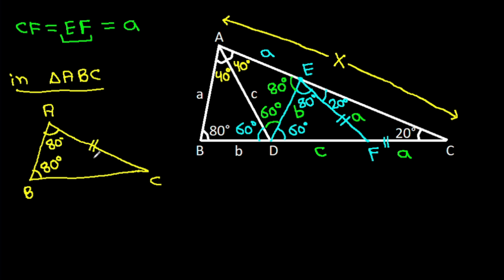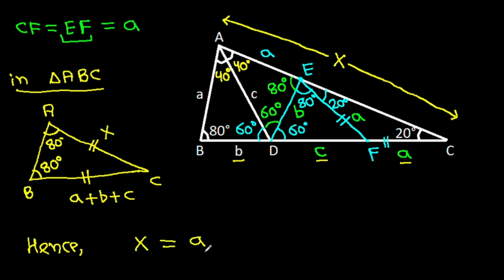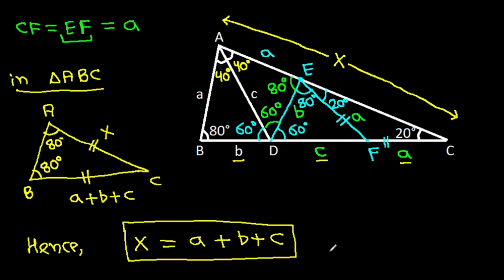That means AC will be equal to BC, and AC is X, and BC is A plus B plus C. Hence, X is equal to A plus B plus C. Proved.